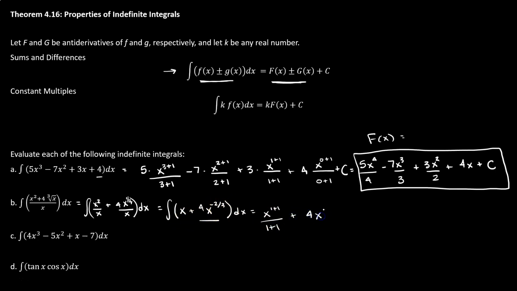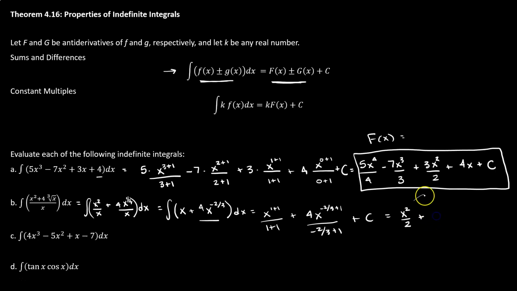That will become 4x to the -2/3 plus 1 divided by -2/3 plus 1, and then of course our plus c. And we'll clean this up the best we can. X squared over 2 plus, well, let's add our exponents. -2/3 plus 1, that's going to look like a positive 1/3.